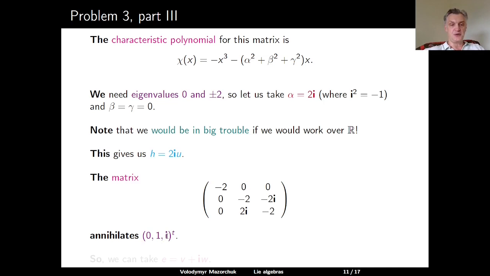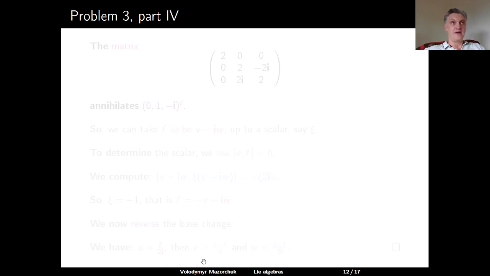Here i is the imaginary unit. Which means that as the basis element E, the eigenvector for ad H with eigenvalue 2, we can take the corresponding linear combination, which will be V plus the imaginary unit i times W. And now we will find the element F. The element F is the eigenvector for ad H with eigenvalue minus 2.